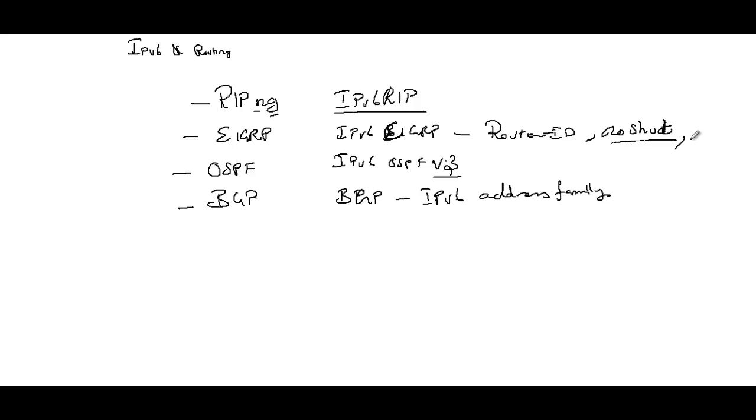So there is no network command. Other things are the same. EIGRP has 5 metrics: K1, K2, K3, K4, K5. As you learned in IPv4, bandwidth and delay are turned on by default. Load, reliability, and MTU are off by default. If you want to turn them on, you can.